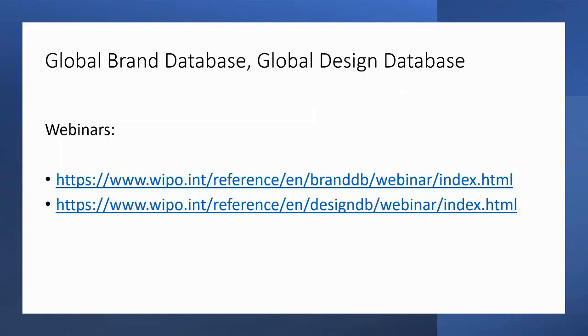If you're interested in the global brand database, there's actually a webinar tomorrow. You won't find it here. When you click on this one, you have to go to the meetings menu on the main WIPO website. It's actually organized by our colleague from Madrid. So if you're interested in the global brand database, there's a chance tomorrow.